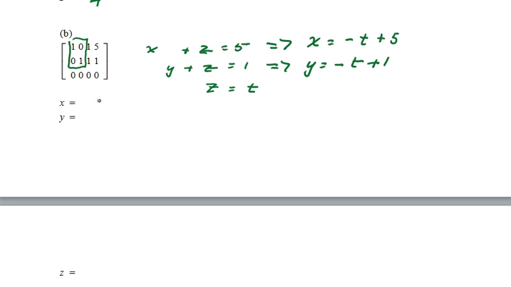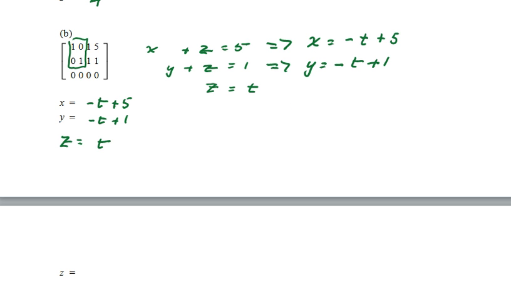So in this case, we get x equals the opposite of t plus 5, y equals the opposite of t plus 1, and z equals t as our solution.